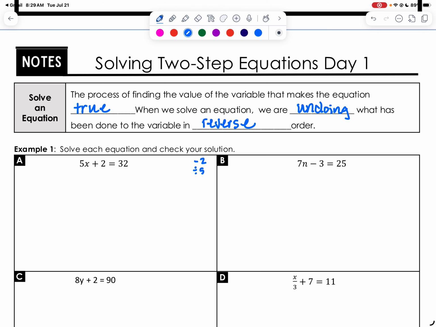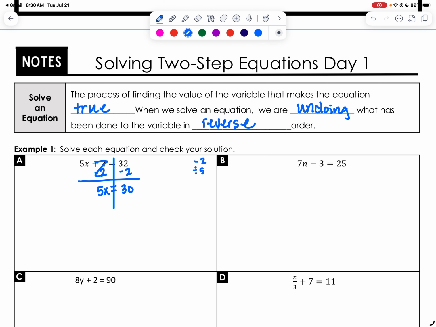So let's start by subtracting 2 from the left side and subtracting 2 from the right side. Let's draw a line where the equals is to keep these two sides separate. When we subtract 2 over here, these two zero out, and we're left with 5x on the left side. And on the right side, we're left with 32 minus 2, which is 30.